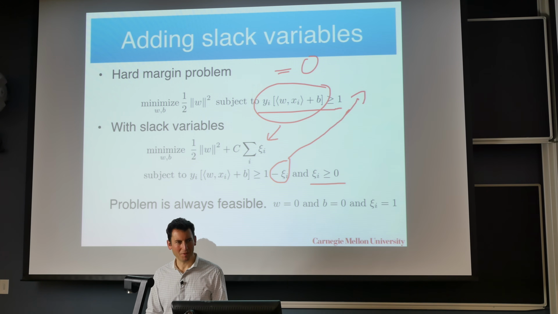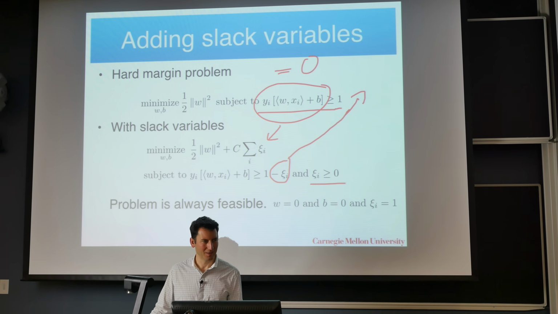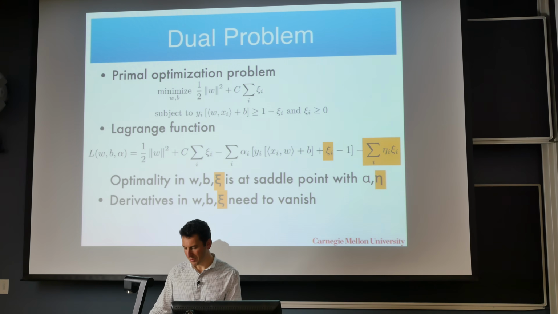So from that you can immediately see that the constraint optimization problem is always solvable in this case. Okay, so now we just plug in things again. It's exactly the same optimization problem as before, just that now I have another set of variables extra.